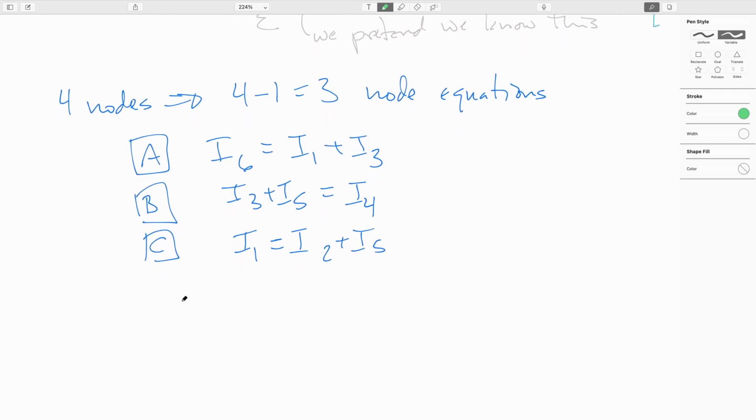So minus 1I1 minus 1I2 plus the battery EMF equals 0.